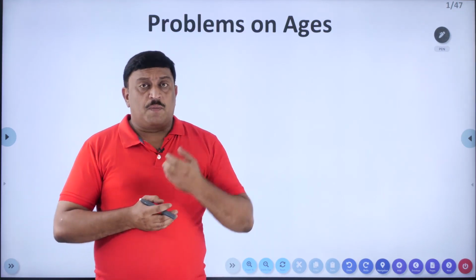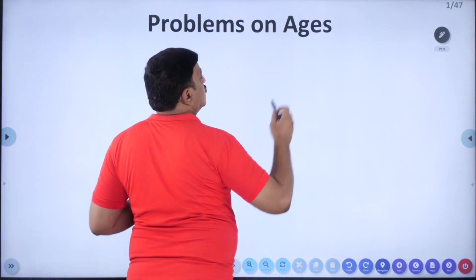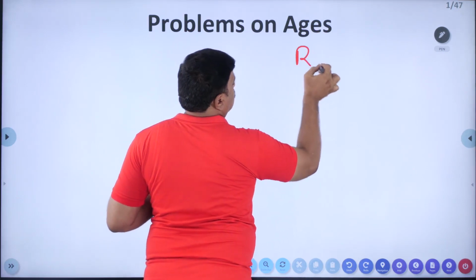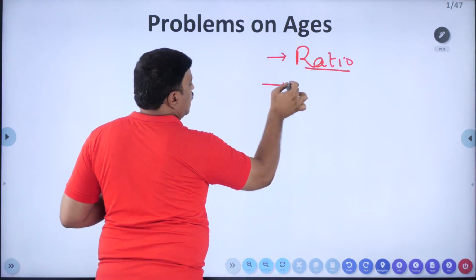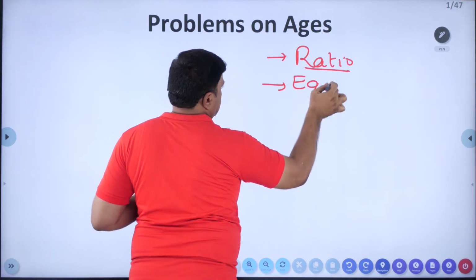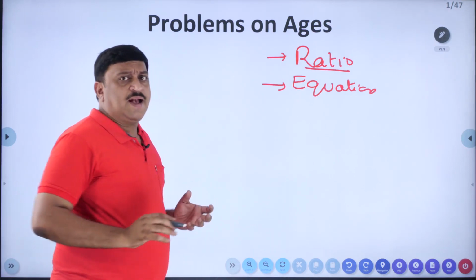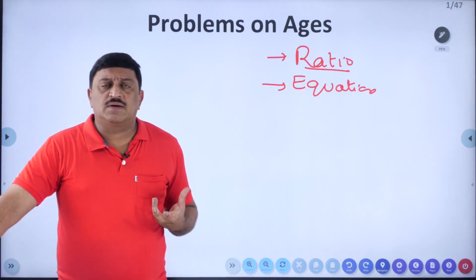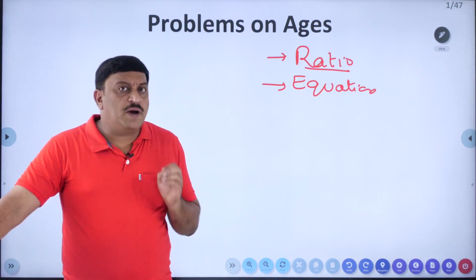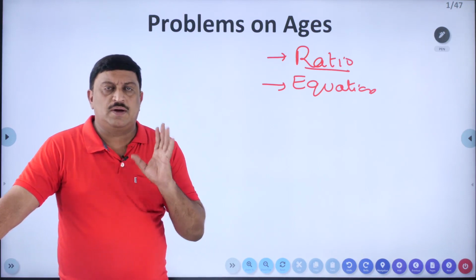But problems on ages use ratios, and before that we'll use something like equations, right? It is not entirely regarding the concept of ratio, but the usage of ratio. How will you use ratio, right?